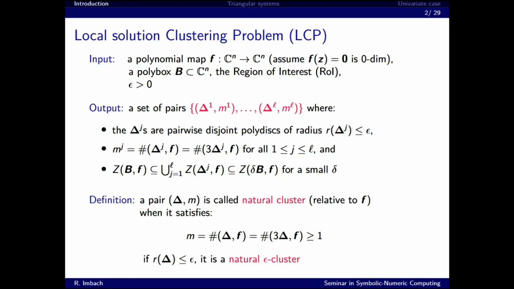So let's say that you have your initial box, your initial region of interest, and you will compute some small disks delta that are in B and that contain the solutions in B. And the small inflation of B will be something like this.